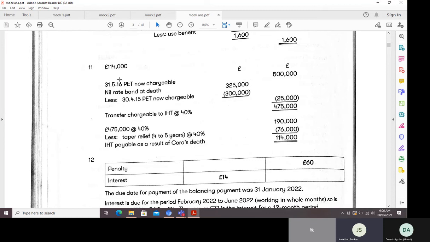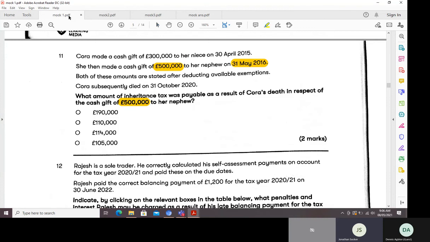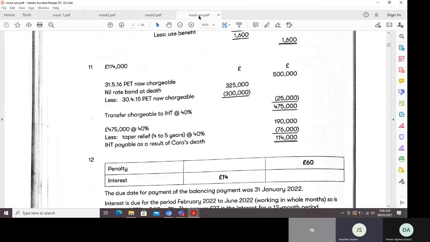Yes, and don't forget, where a lifetime transfer is being subject to death tax, we need to consider taper relief. We check for taper relief on the taper table. First we check the donor survived for how many years. May 2016, death occurred on October 2020. So that's 4 years and some months, so that'll be 4 to 5 years. If you go to the taper table, which is on your tax table, 4 to 5 years of survival will give us what? 40%.